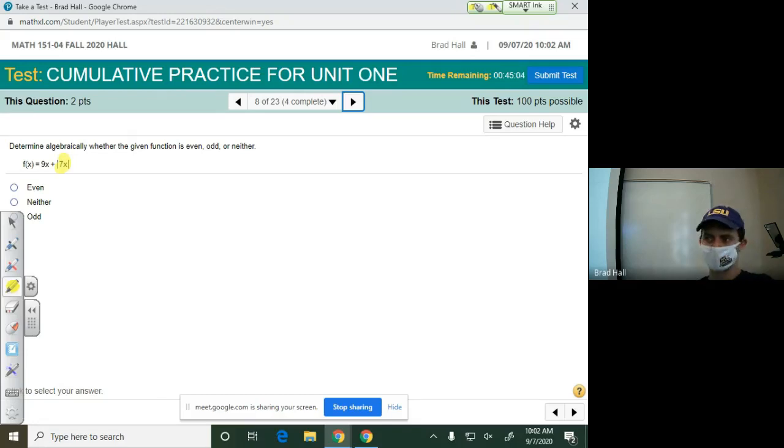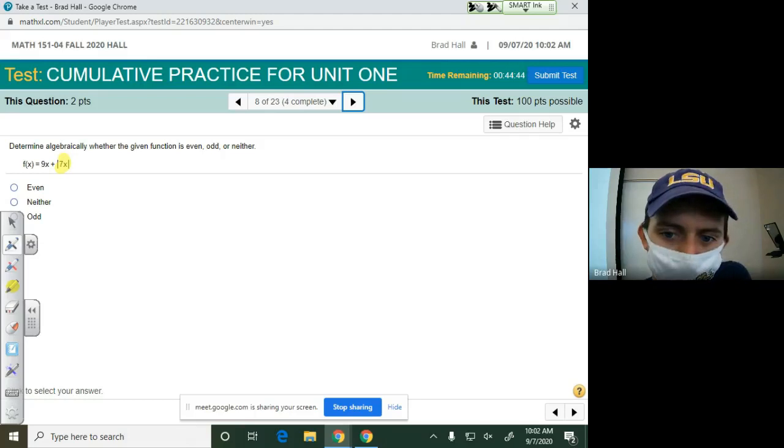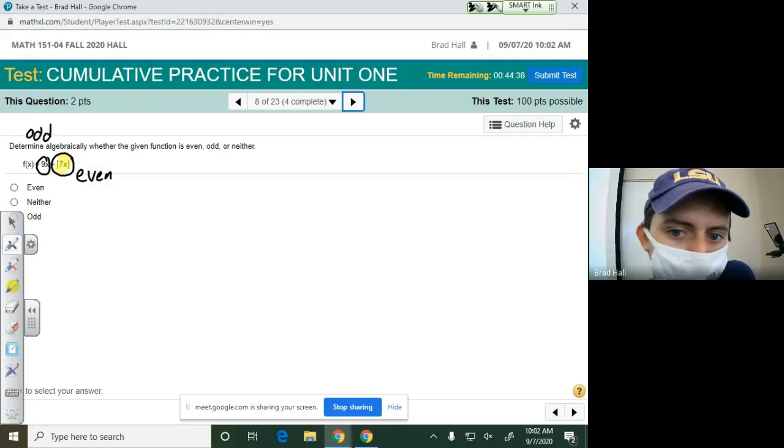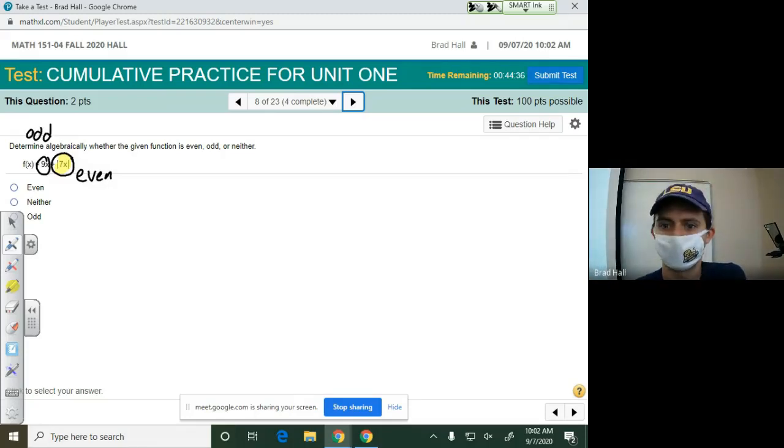So what I'm saying all this for is that if you're going to use a patternized way of answering these, then you might want to consider the cases or do it the safe way, the algebraic way. If you were to do it the patternized way, this would be even, this would be odd, because the exponent's 1.